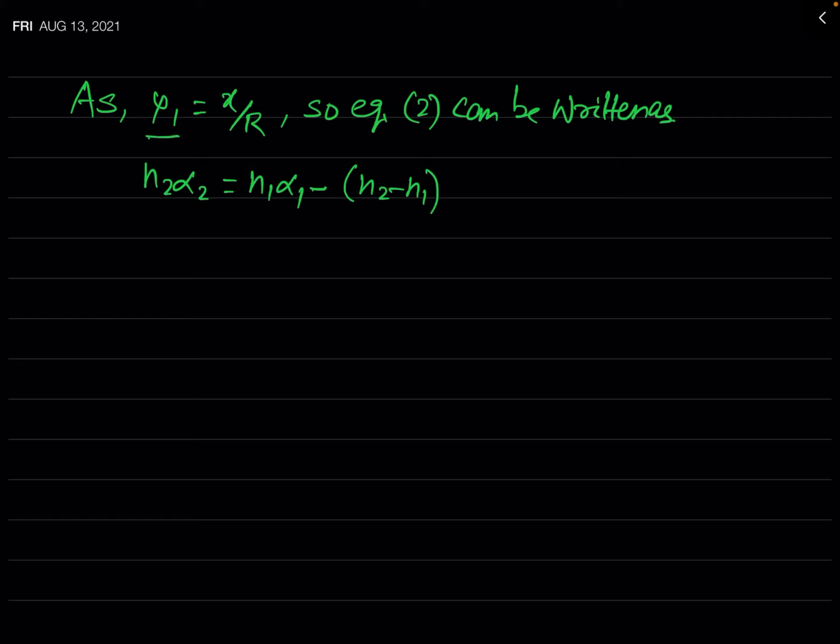But you can see phi 1 is equal to X over R. So we can write here X over R.